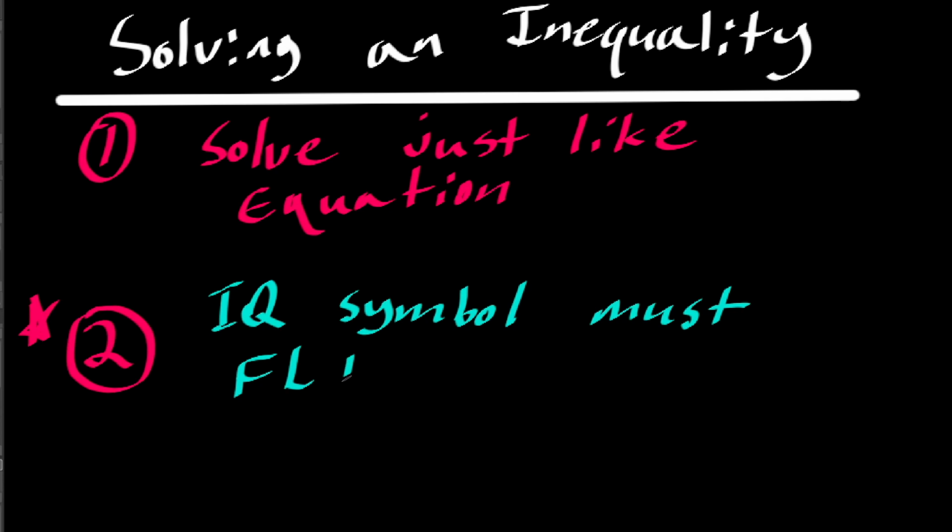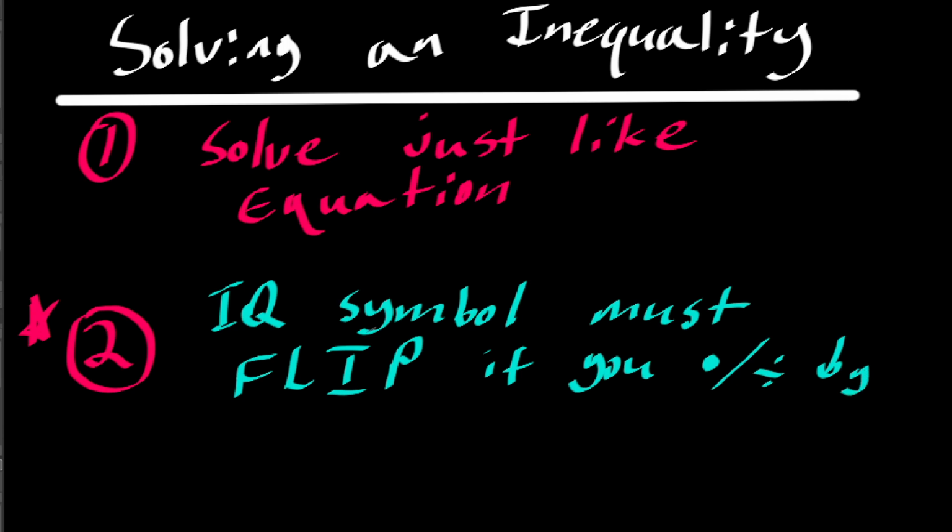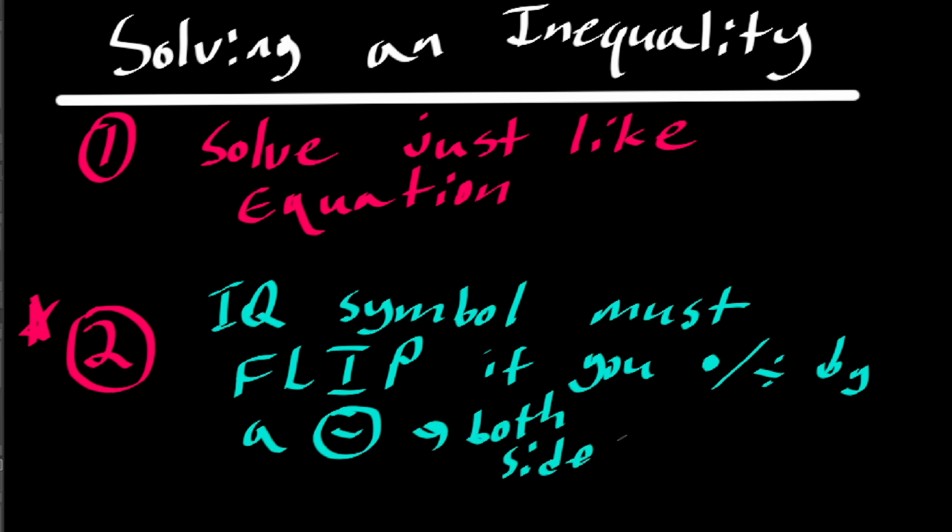if you multiply or divide by a negative number, on both sides. If you're solving an equation, that rule doesn't really apply because you have an equal sign.